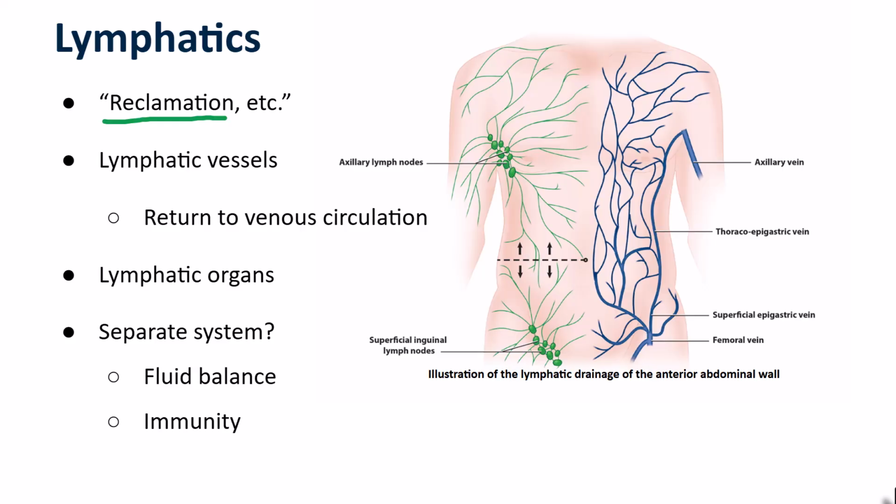There are also primary and secondary lymphatic organs that both complement the cardiovascular system as well as provide a whole host of functions for the immune system, and that is why oftentimes lymphatics are considered a separate system. So while they are an important part of fluid balance for the cardiovascular system, they are also working independently for innate and acquired immunity, as we'll discuss.